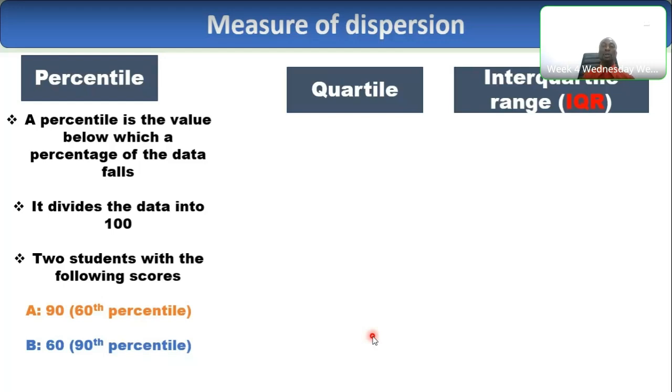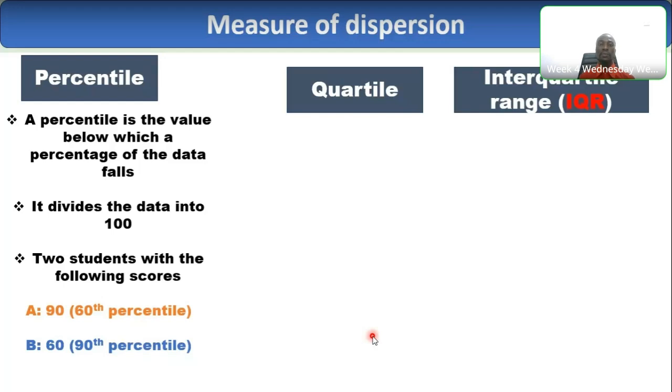So there are another 40% of the scores which were above 90. To say it in a simpler way, it means that student A performed better than 60% of the students in the class, while there are some other 40% of students who did better than student A.